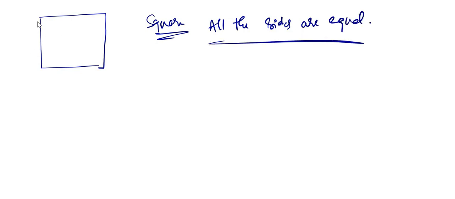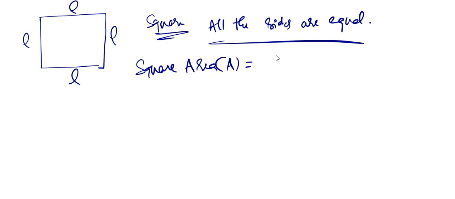Let's consider this side L, this side also L, this side also L, this side also L. Now if you want the square's area A, we can take the rectangle formula. As I told you before, we can see the proof.